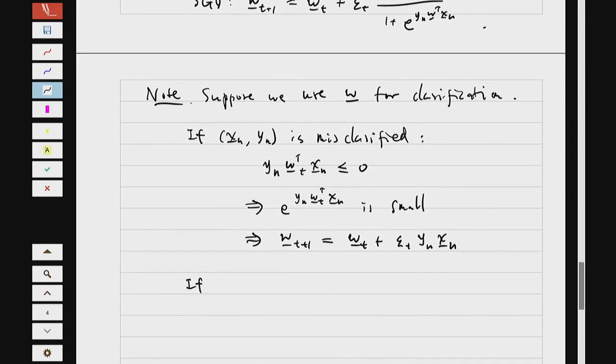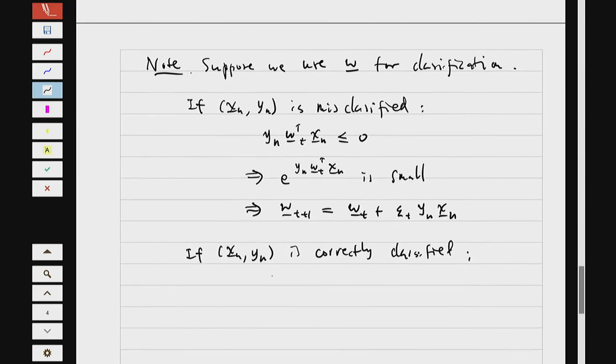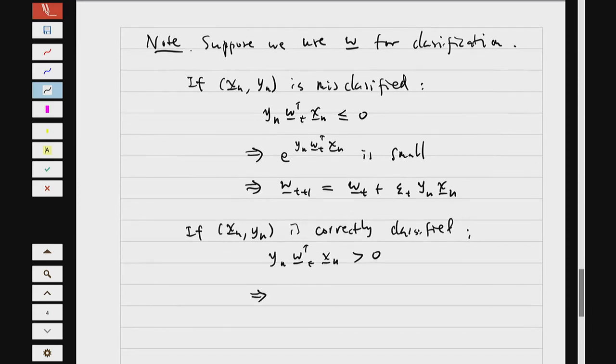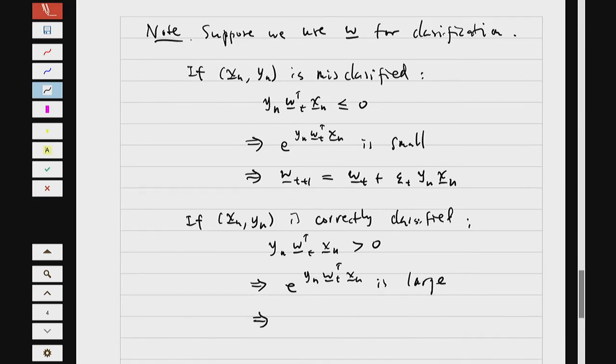If you're sharp, this should remind you of PLA a little bit. But let's take a look at the other case. What if it's correctly classified? Then this is strictly greater than 0, and e to something strictly greater than 0 is usually large.